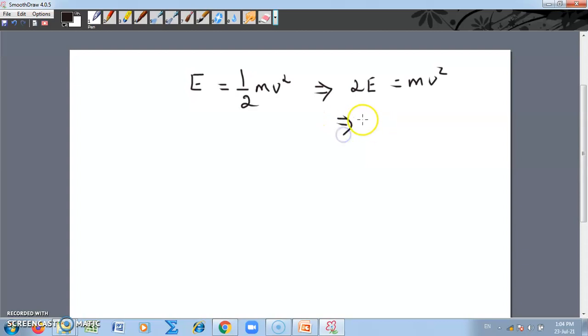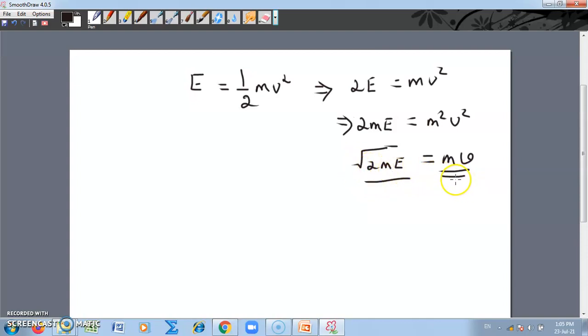That implies twice mE is equal to m squared v squared, and so root over twice mE would be equal to mv. So wherever we get mv, we write root over twice mE in the equation that we had written just now. We will do that, and then we will see how the expression changes.